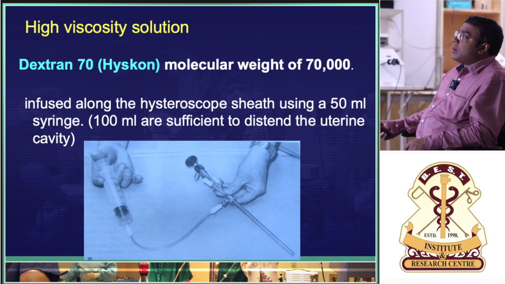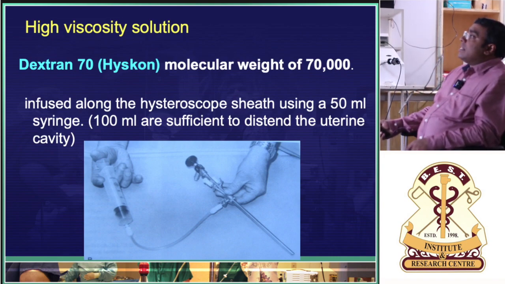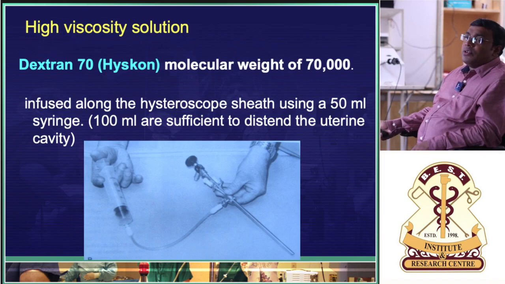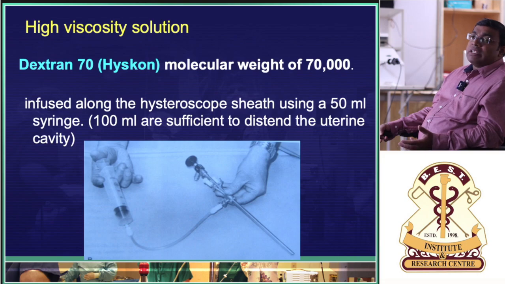Next we have the high viscosity solution, that is dextran 70 or Hiscon. This is not very regularly used, but in some centers for diagnostic purpose they use it. Here you have a connecting tube and then you have a 50 cc syringe in which Hiscon is taken and then it is pushed in.